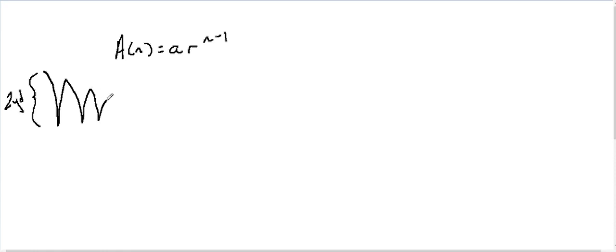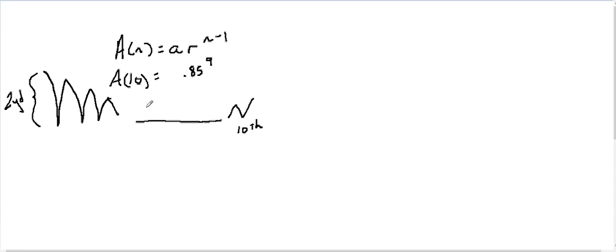And so on and so forth. So the ratio here is 0.85. And what if they wanted to know where it is on its 10th bounce? Okay, that's my n. What is the value at the position of 10? So the exponent's 9.